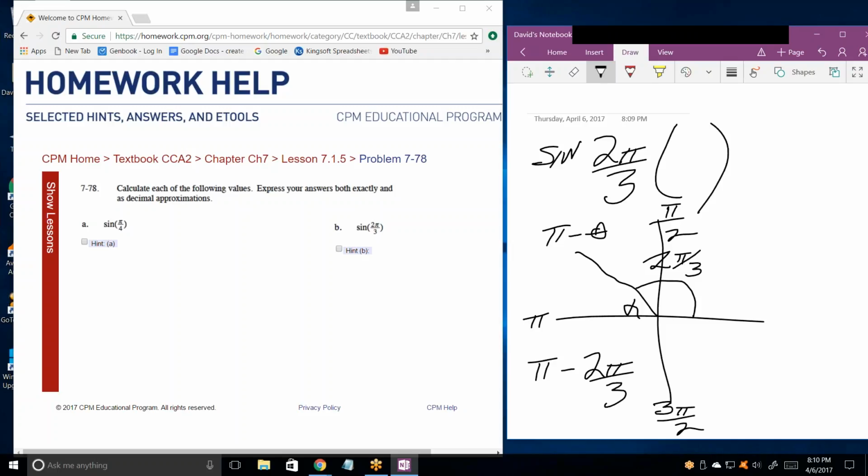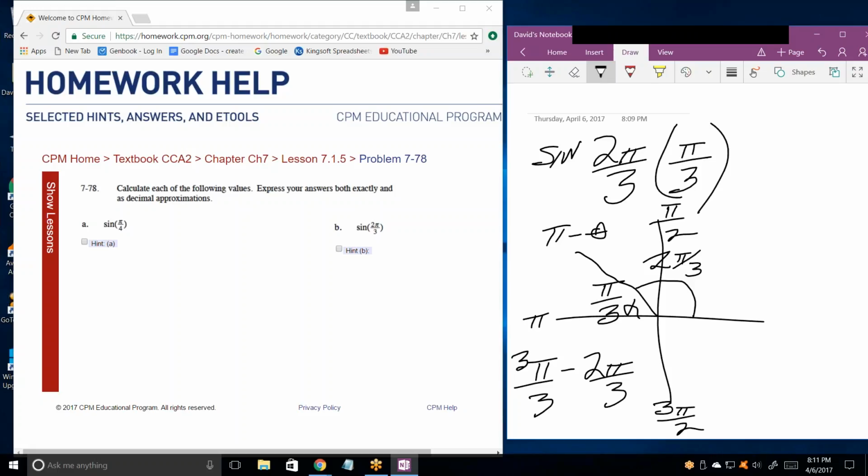What's the common denominator? 3 or 1. Okay, so express that with a denominator of 3. 3 pi over 3. Isn't 3 pi over 3 the same as pi? Yeah. Okay, now what's 3 pi over 3 minus 2 pi over 3? 1 pi over 3.